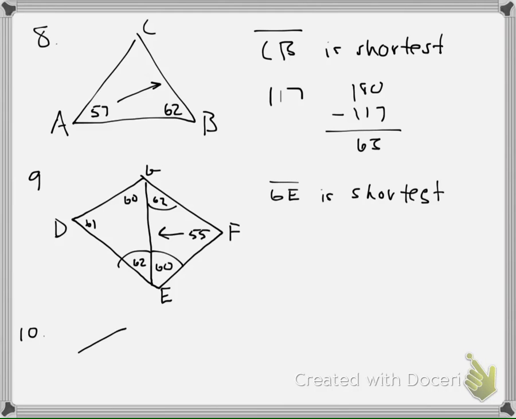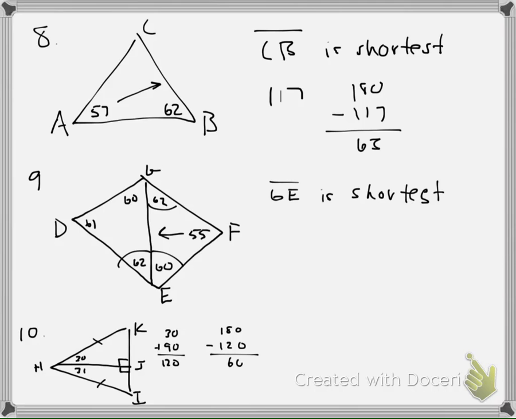is a triangle, with a line right there, and it is H, I, J, K, and you have HK and HI are congruent, and then you have 30 and 31. So we know this is 180, and so just to find K, we'd go 30 plus 90 equals 120, and then 180 minus 120 equals 60.